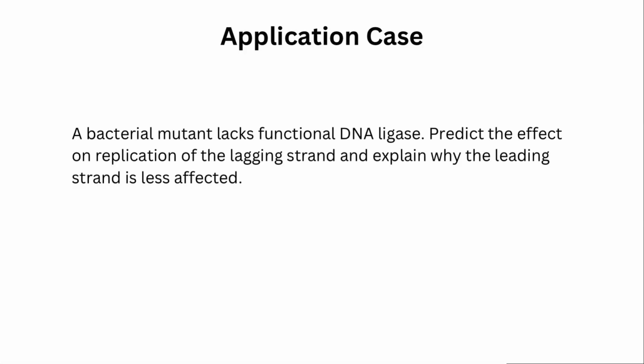Application case. A bacterial mutant lacks functional DNA ligase. Predict the effect on replication of the lagging strand and explain why the leading strand is less affected. So when you are looking at these application cases, make sure that you are focusing on the major points.